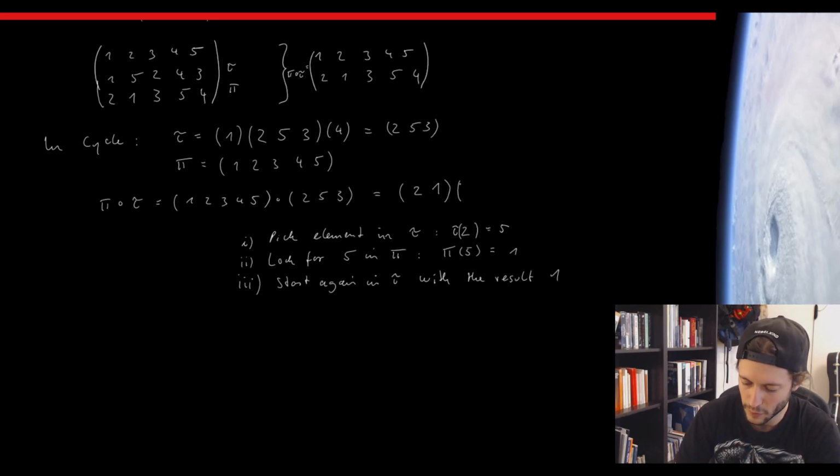Then next one. Why not take the 5 over here? So the 5 gets mapped to the 3 via tau, and the 3 gets mapped to the 4 via pi.